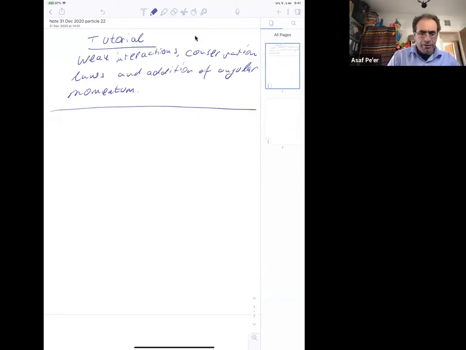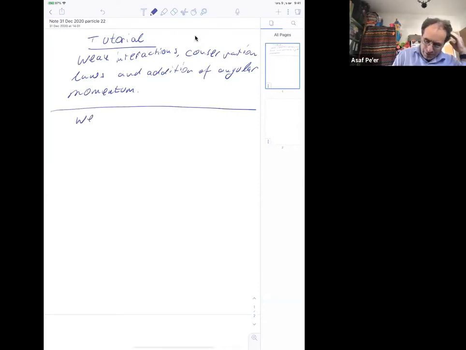So similar to the electromagnetic interaction, the weak interaction is mediated by spin 1 bosons, the gauge bosons. But unlike the electromagnetic interaction, which is mediated by massless photons, or massless gluons in the case of strong interaction, the bosons that carry weak interaction are massive.